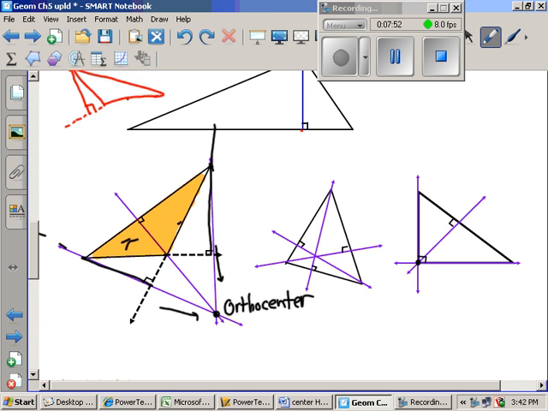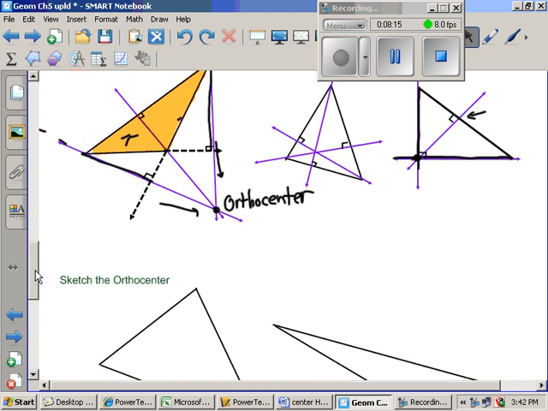Now you'll remember in a circumcenter, the circumcenter was on the hypotenuse. It was here. But if you think about it, from here perpendicular down and from here perpendicular to the side, it's obviously going to meet there. All right, so the orthocenter works kind of like the circumcenter.